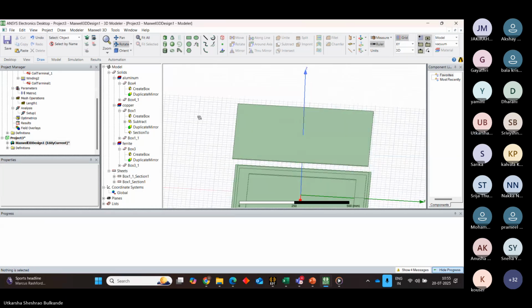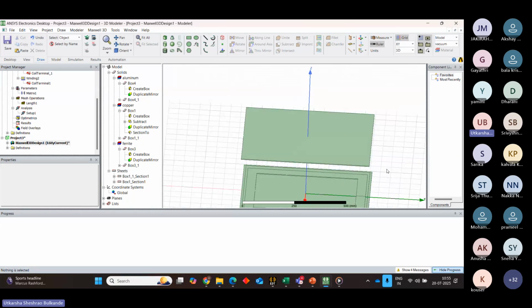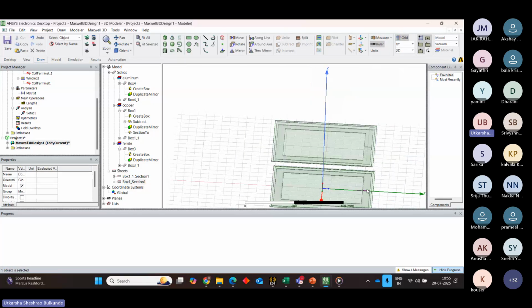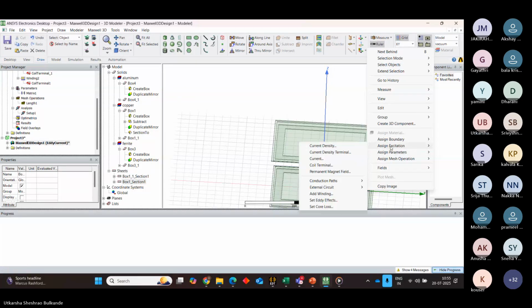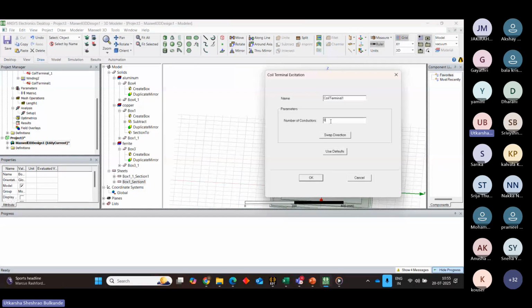Fine. Now you have to assign your coil terminals. So whatever we did yesterday, we just have to repeat that now. Assign coil terminal. So see, here you will see the number of conductors that you have to put.